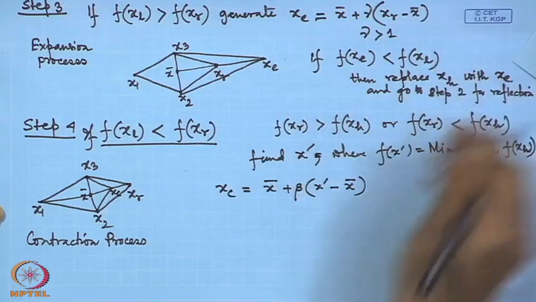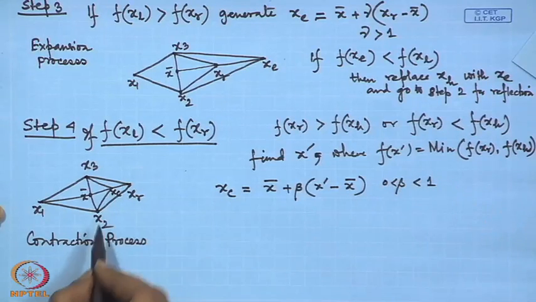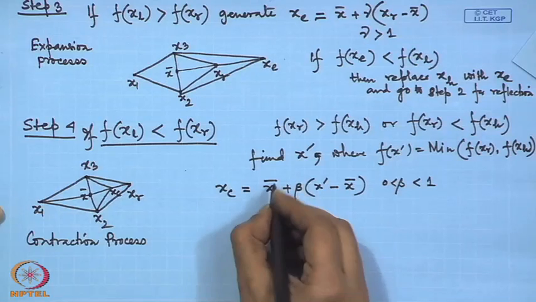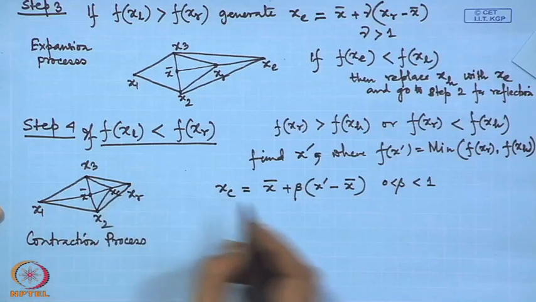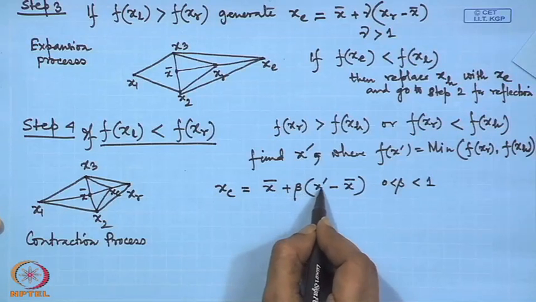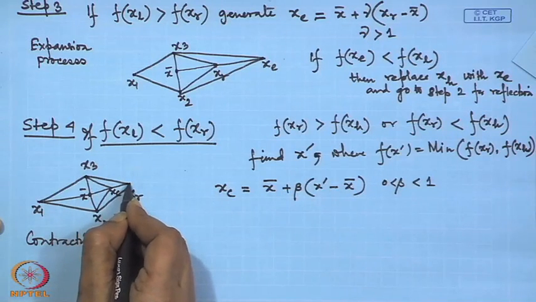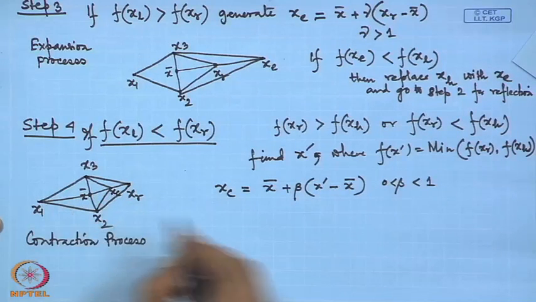And as we know, the beta value is always in between 0 and 1. That is why looking at the expression, it is clear that we are considering x bar plus something. Instead of going further, we will just move in this direction.